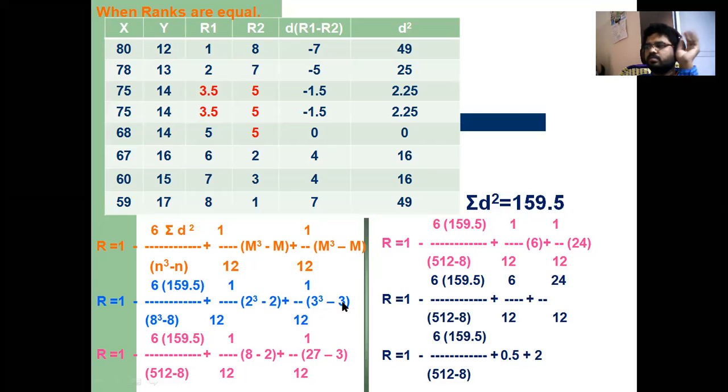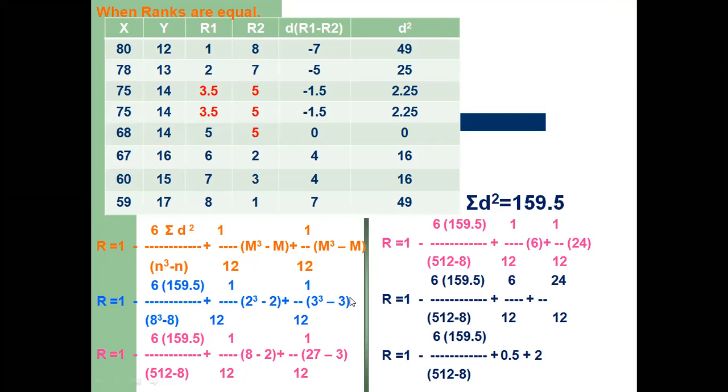Is it understood? No, sir. See here, it is the same formula: 1 by 12 into m cube minus m, plus 1 by 12 into m cube minus m.